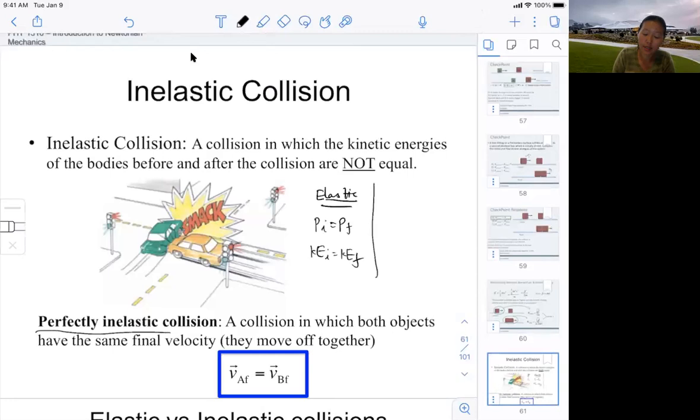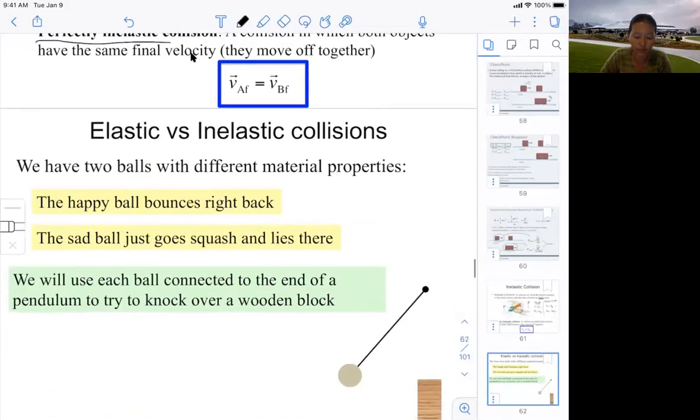Now, another type is going to be perfectly inelastic, where obviously we still use conservation of momentum, but we have one extra condition, that the final velocity of the two objects is the same. So each of these types of collisions will use two equations. One is obviously conservation of momentum, and another one is the condition particular to the type of collision that they are. So it is either elastic we're going to solve, or perfectly inelastic we're going to solve.